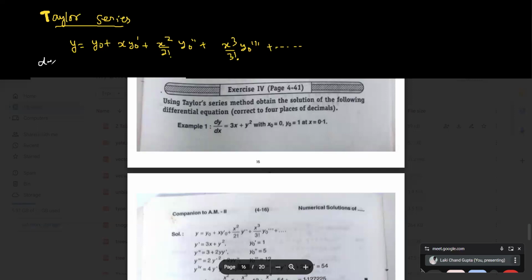dy by dx, and at x0 equal to 0, y0 is equal to 1. Okay, right?